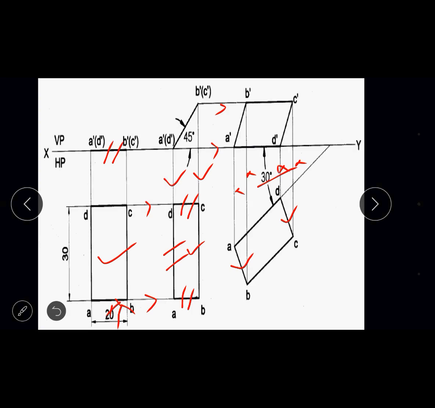So this is about rectangular laminar problems. If you have any doubt, please activate your audio and you can ask questions. If you have no doubt, then we will proceed to the next problem. Anybody have a doubt? No sir. So no doubt. Then we will proceed to the next problem.